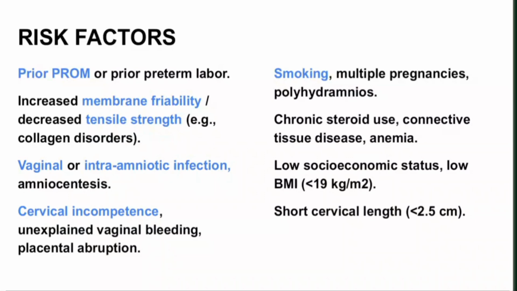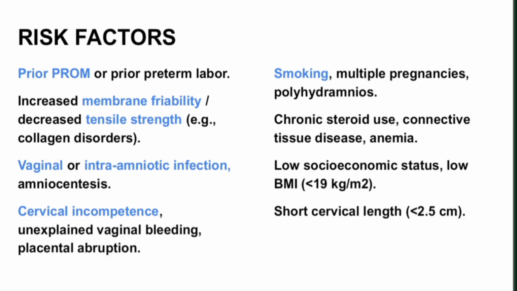Another procedure which can introduce infection if not done properly is amniocentesis. The other risk factor for premature rupture of membranes is cervical incompetence, because the amniotic sac is poorly supported, hence it can lead to rupture.